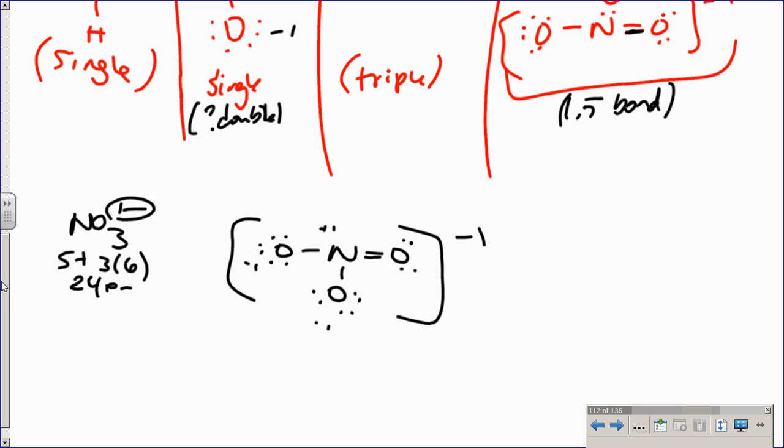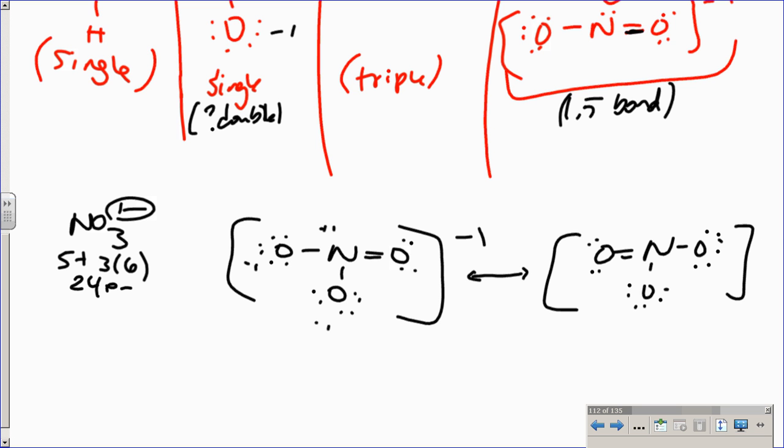But this double bond could have equally been in any other given location. I'm going to quickly draw these. Sorry if my dots look awkward. Or this O and double bond O, O. Okay, now overall, what is the length of the NO bond? 1.33.